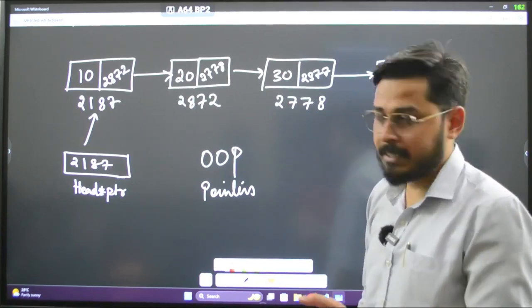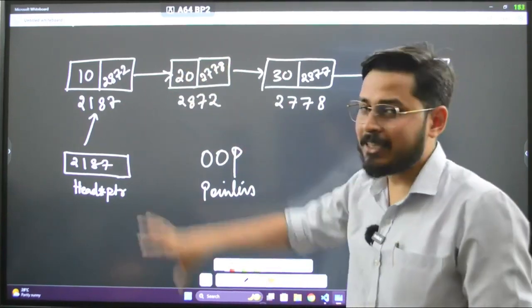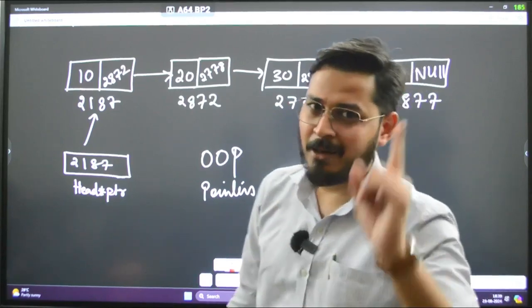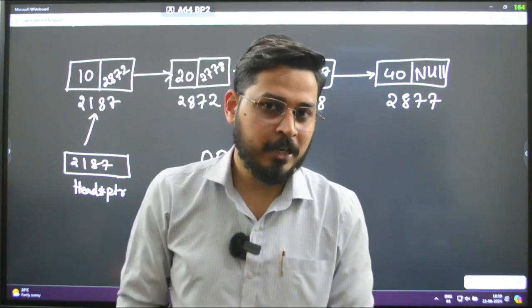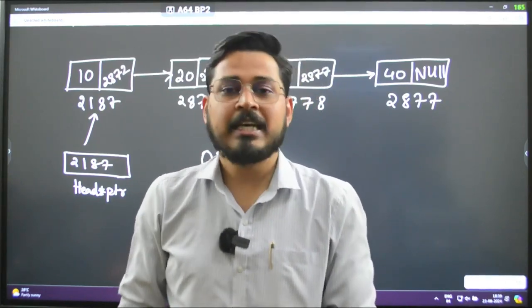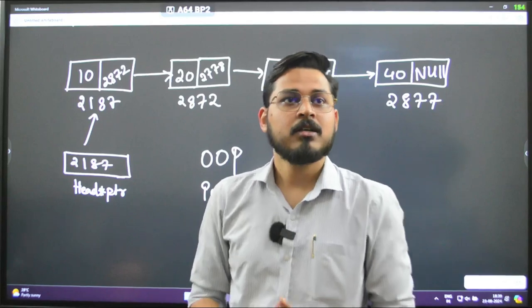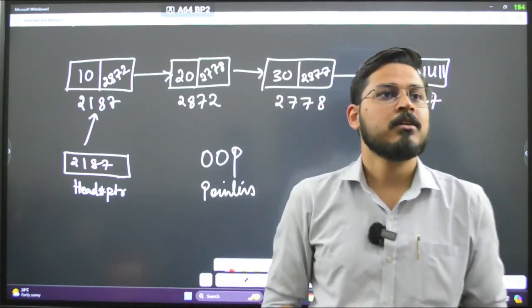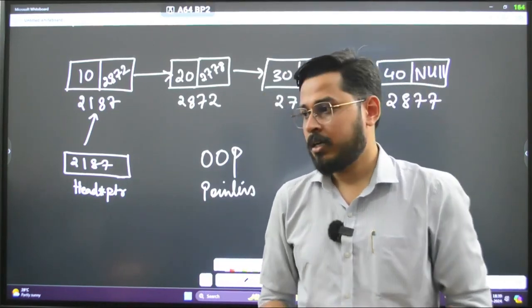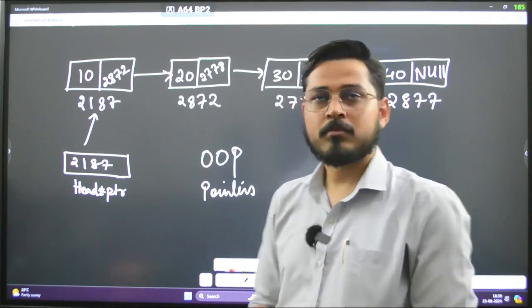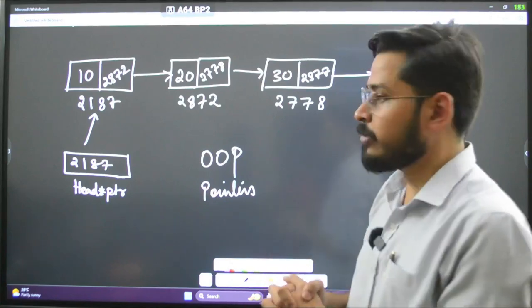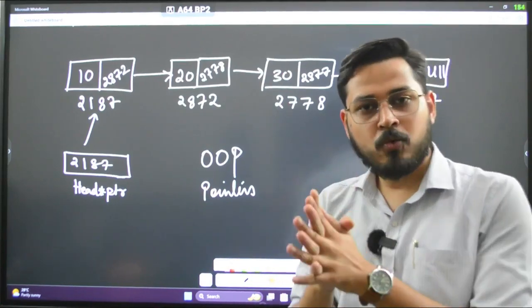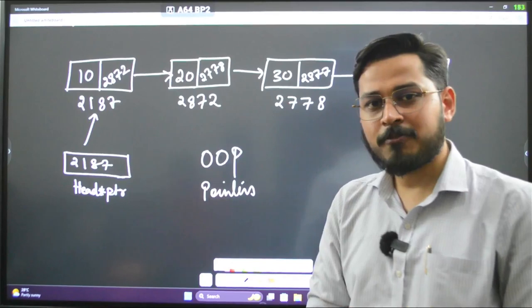Well, imagine this. You remember the car example which I gave you in the very beginning of object oriented programming. Just imagine that there are these nodes. Now, I told you that there is no fixed size of a linked list.